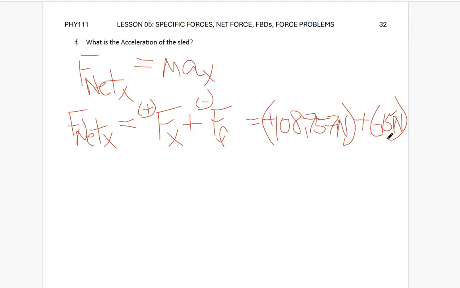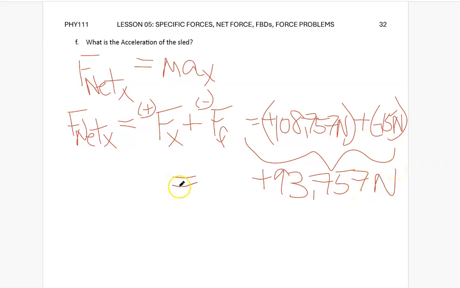When we're determining the forces by multiplying and dividing, this is when we hold off on the positive and negative directions until the end, and we make a decision which way it goes. So we add these two terms together. We have a positive number and a negative number. We add them up, and we get positive 93.757 newtons. This is our net force. It's our net force, and it's in the x direction. Our net force in the y direction is 0, so we don't have to worry about it at all.